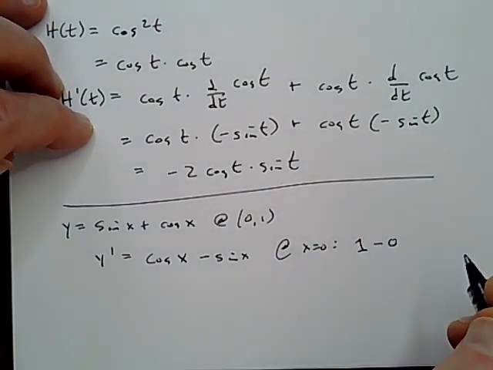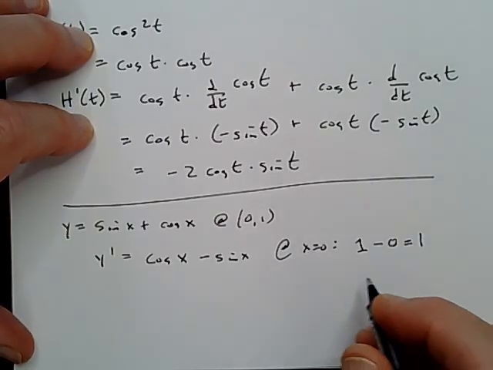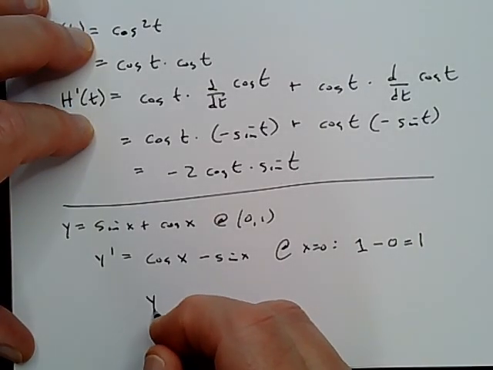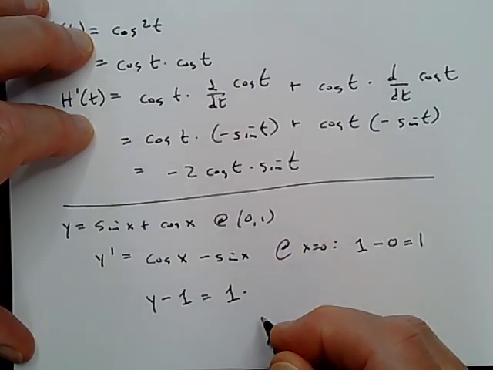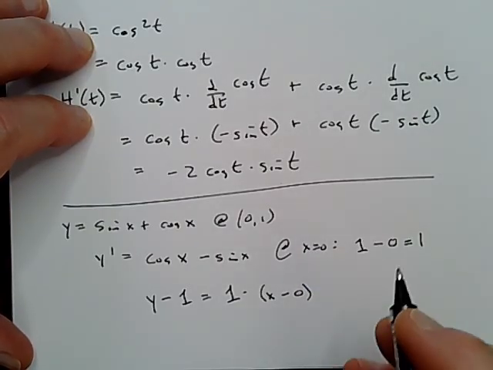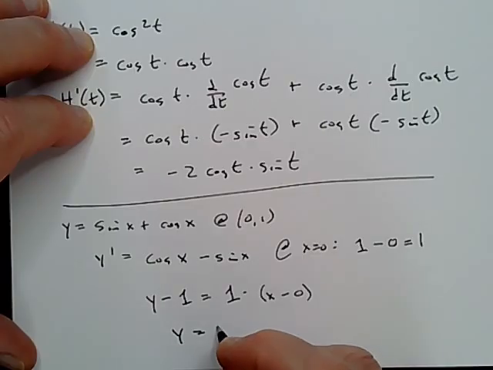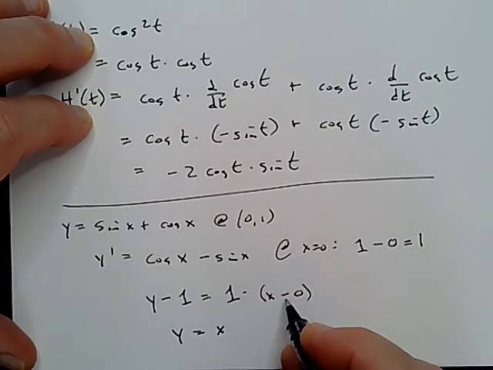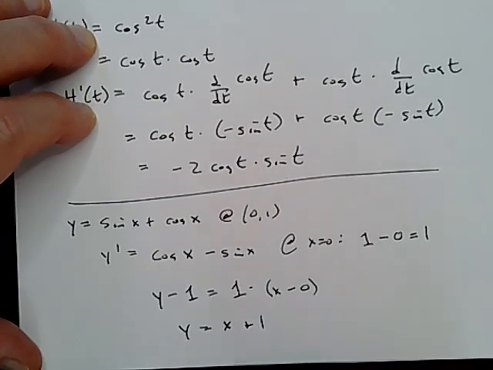I know it's a little annoying, but I'm going to write 1 minus 0 and get 1. And so I just simply write y minus y1, which here is 1, equals slope times x minus x1. And to simplify the whole thing, we get y equals x, because it's 1 times x, minus 0 just gives me nothing, and add 1, from bringing the 1 over.